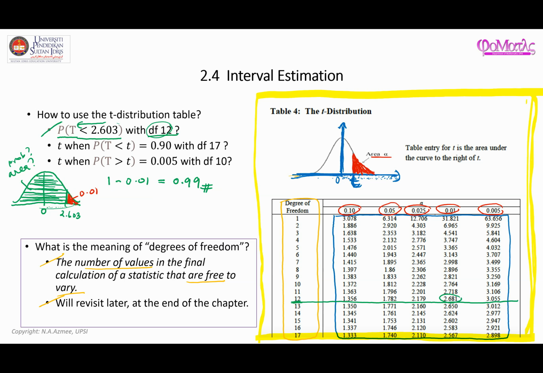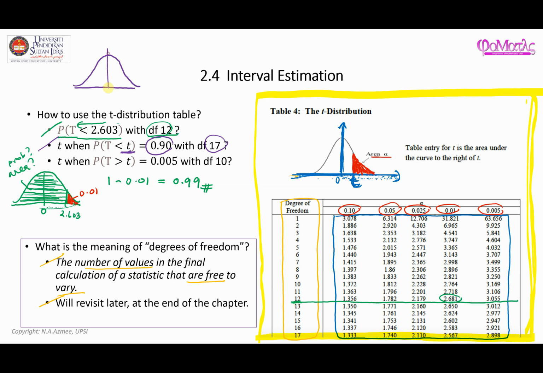Right, next. How about the second question? The second question is asking you to find what is the value of t when the probability is 0.9 with degrees of freedom 17. So if I sketch the graph for this particular question, we know that the area is given as 0.9.